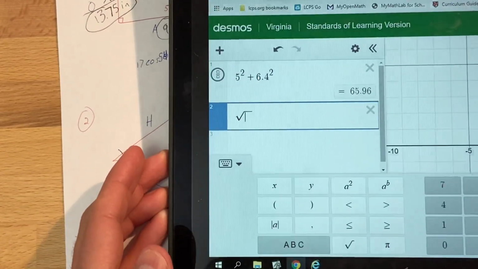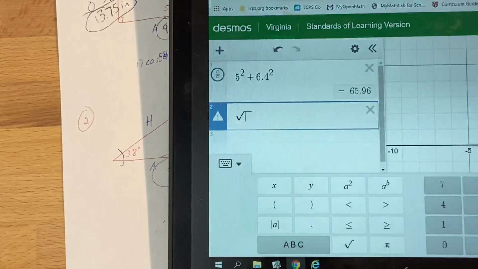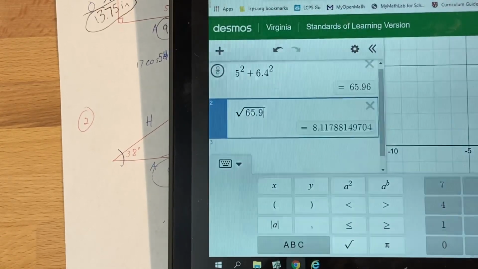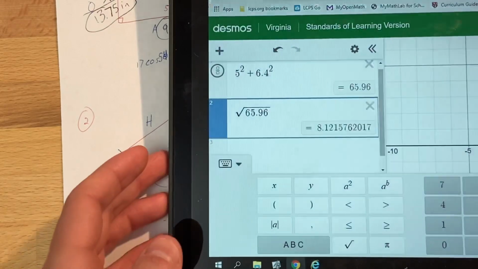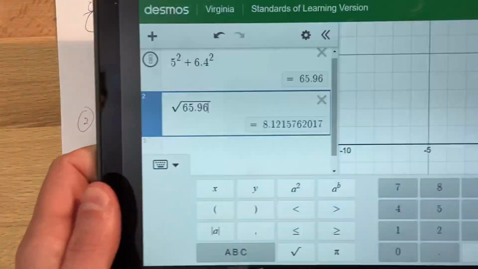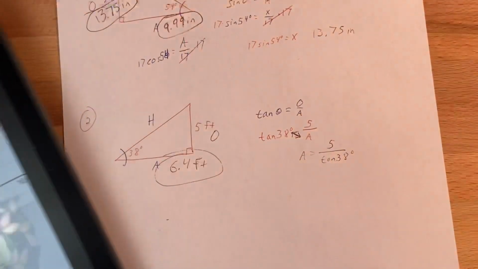Square root of 65.96. And it says 8.12, etc. So 8.12.